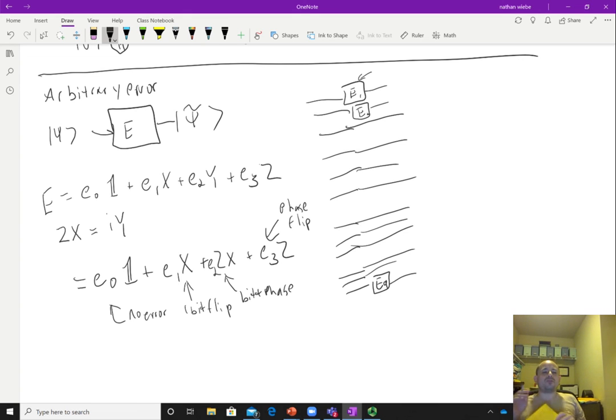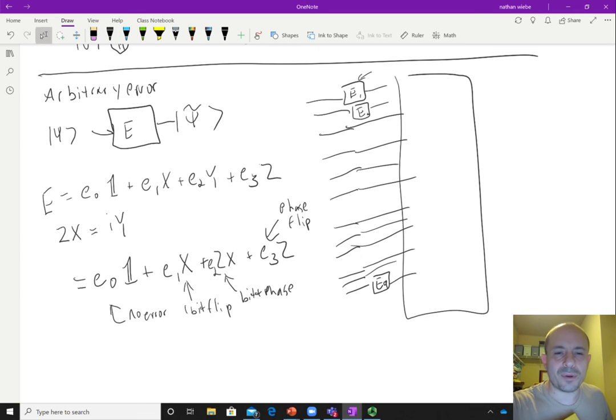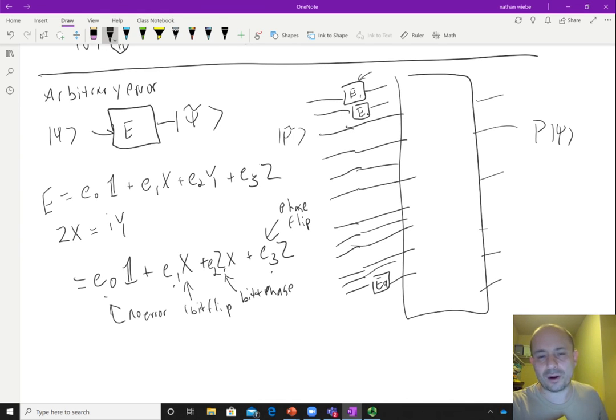Okay? So if we have a channel like this, and only one error actually ends up happening, then what we'll end up getting is that our quantum error correction circuit over here will take psi tilde and map it to a projection of psi onto one of these error spaces, corresponding to no errors, one error, or an X error and a Z error, okay?